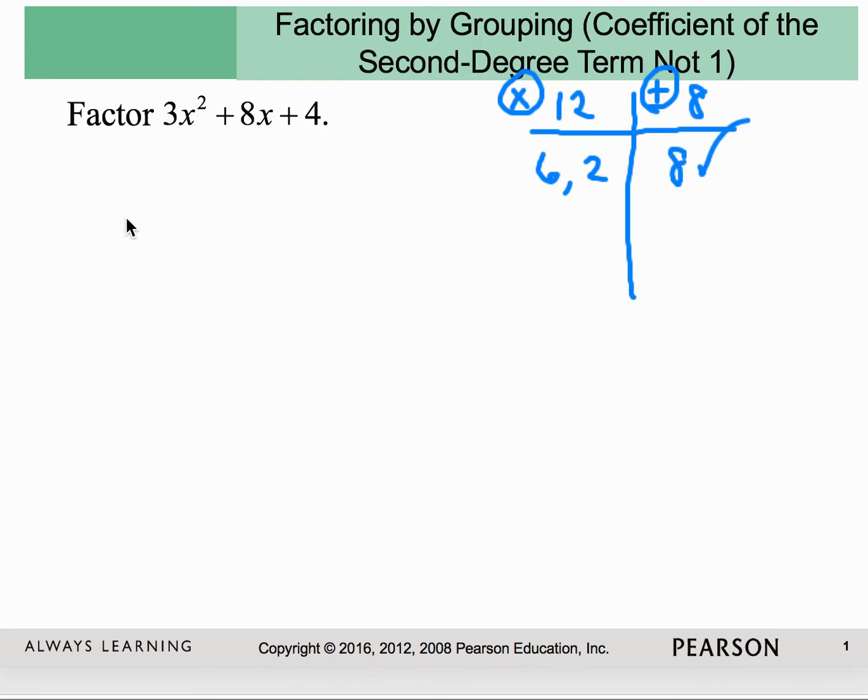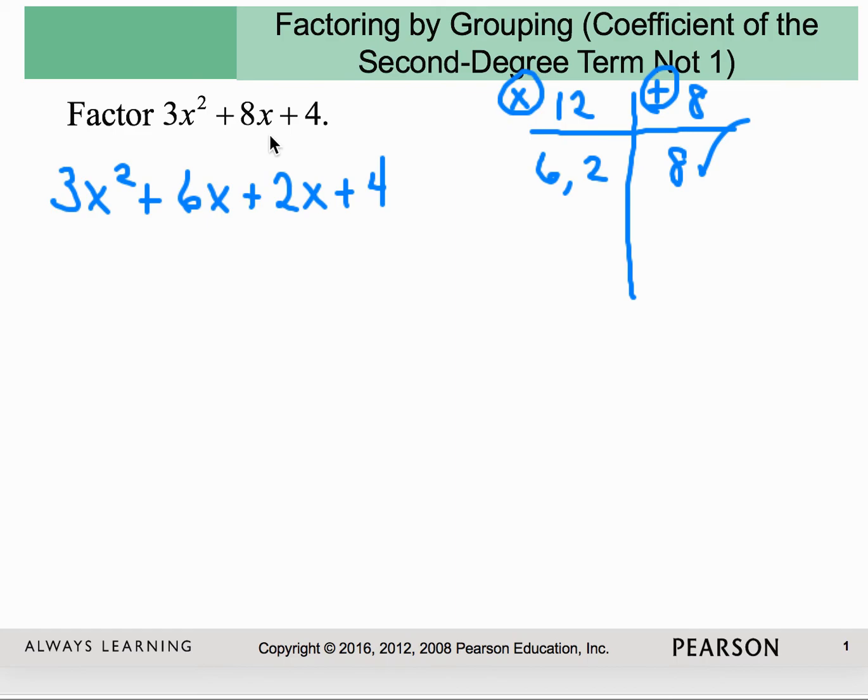Now, this time, instead of just being able to put it right in our factor, I'm going to have to rewrite this problem. I'm just going to change that 8x to 6x plus 2x. Notice, if I added these like terms back together, it still gives me the same thing.